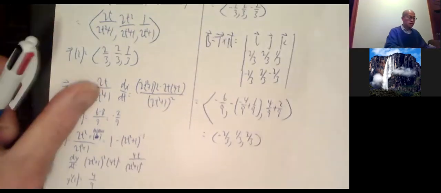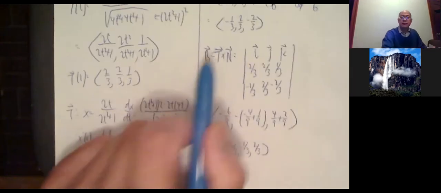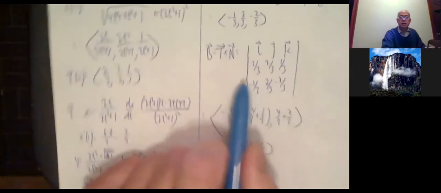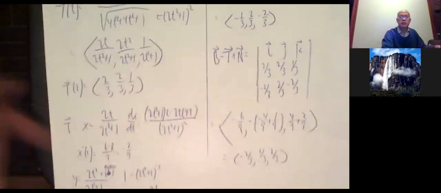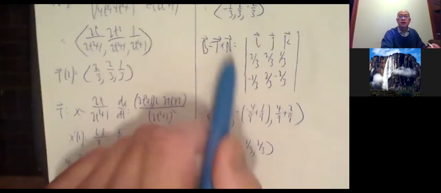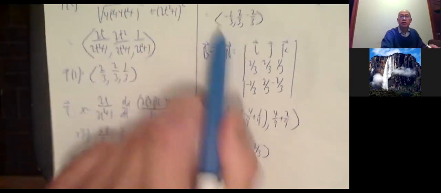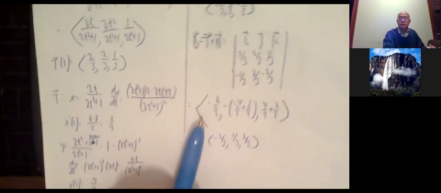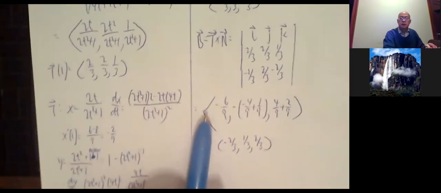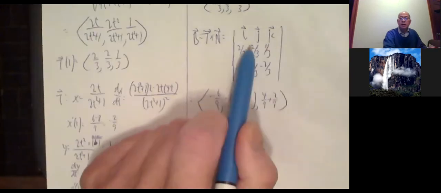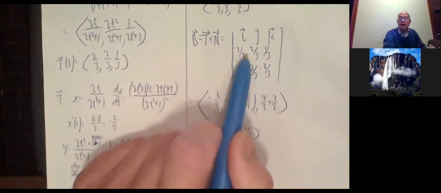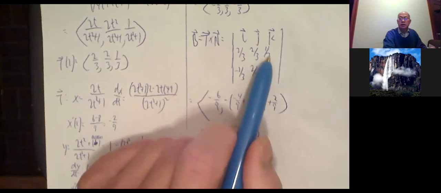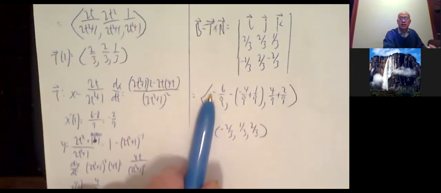Okay. So B, by definition, is T cross N. T was 2/3, 2/3, 1/3. N was negative 1/3, 2/3, negative 2/3. So i-component: negative 4/9 minus 2/9 is negative 6/9.